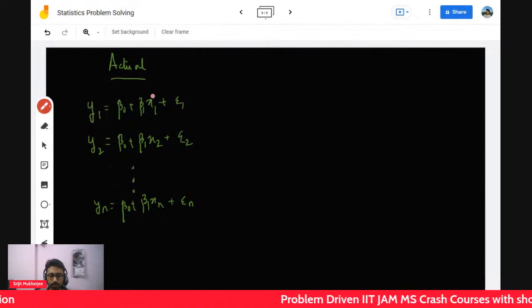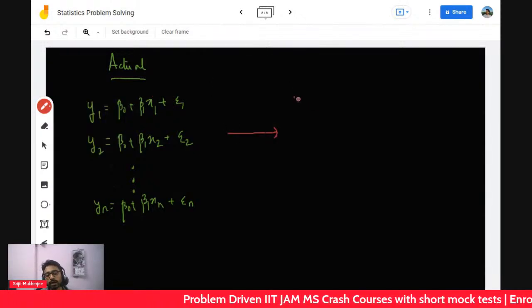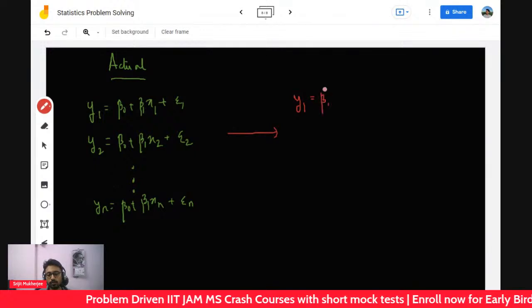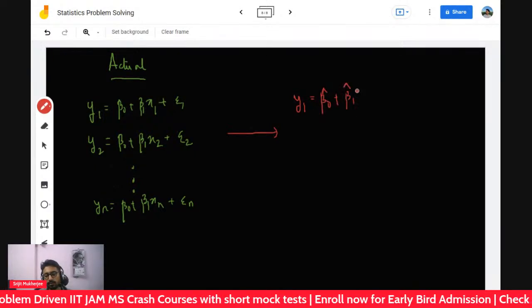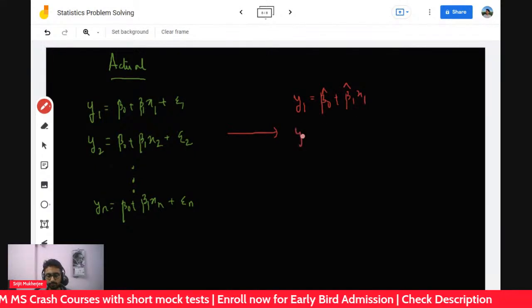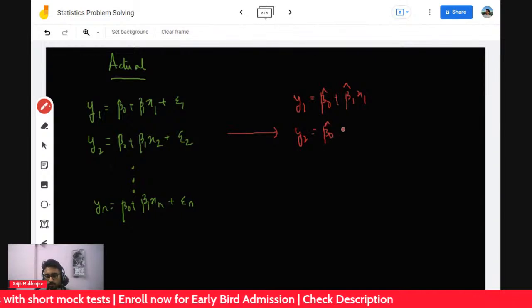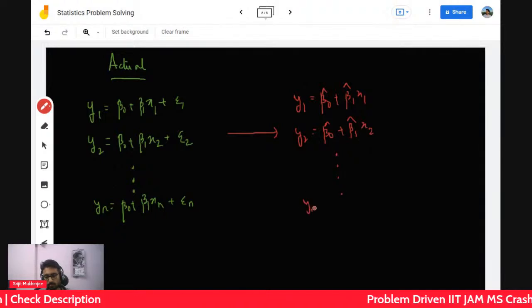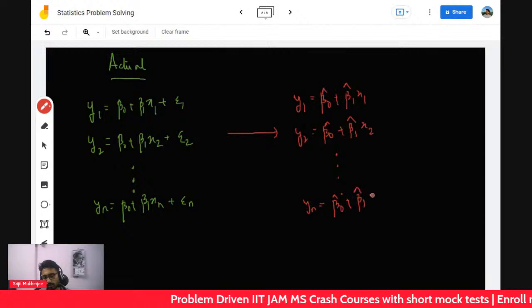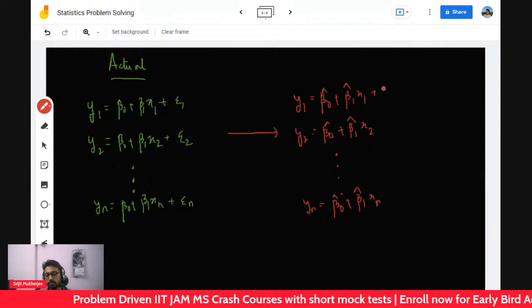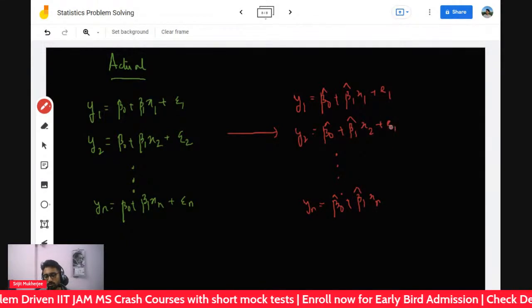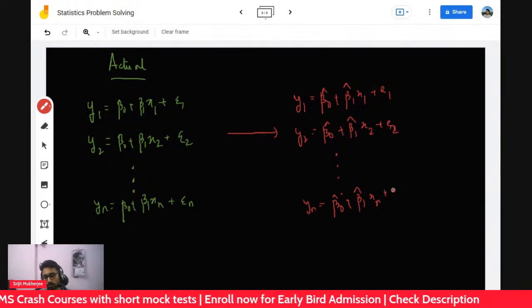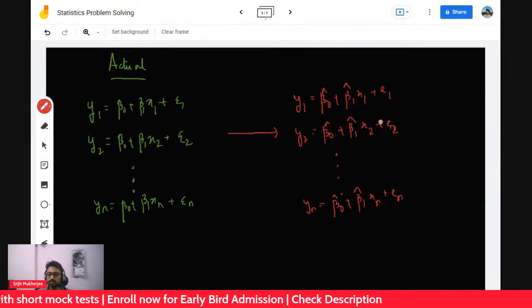We don't know this beta naught hat, so we are trying to model it. But you will understand there will be certain errors also. What are these errors? Let's understand this.